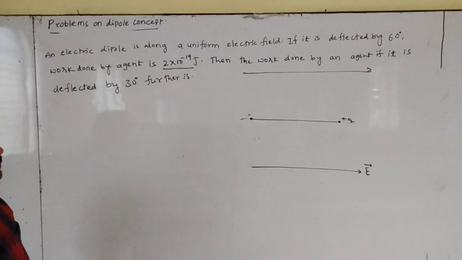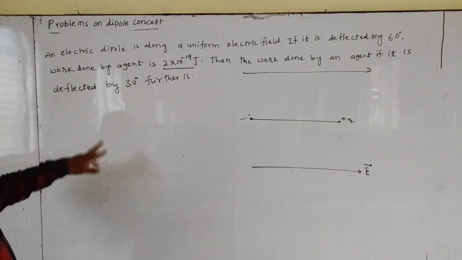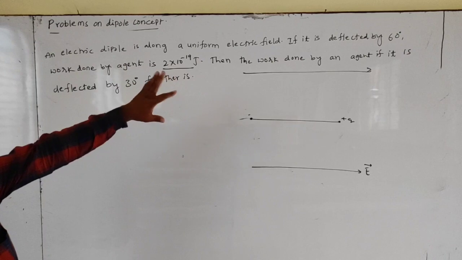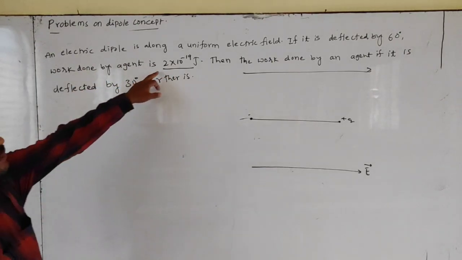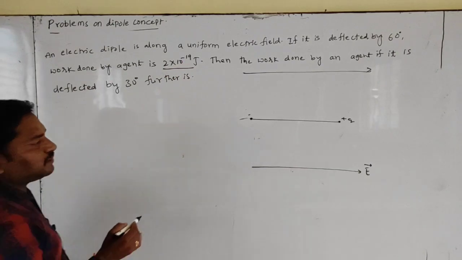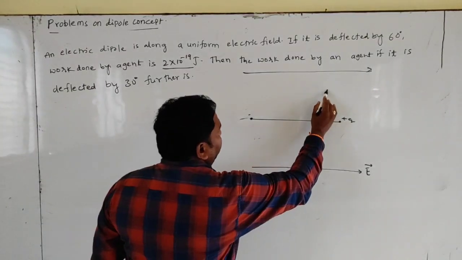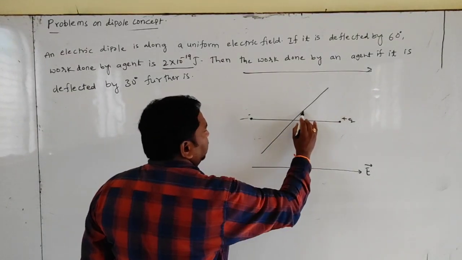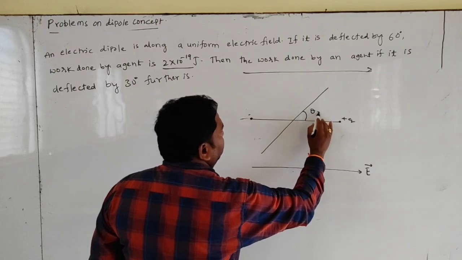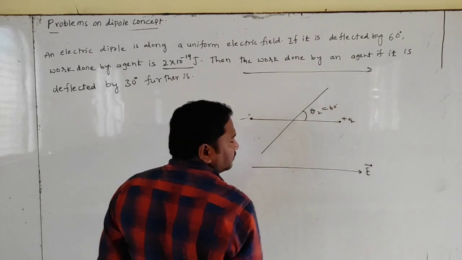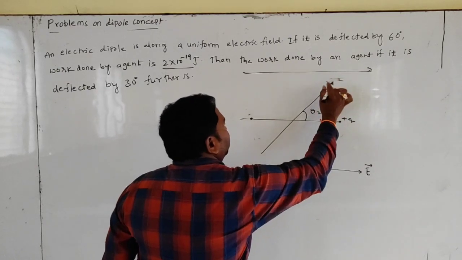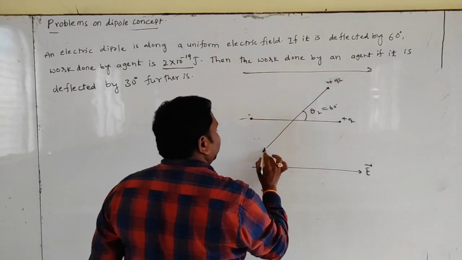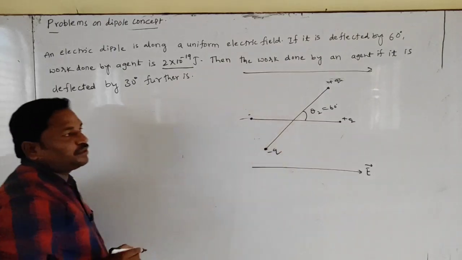So how much is the work done to deflect 60 degrees? It is 2 into 10 power minus 19. That means suppose we deflected up to theta 2 equals 60 degrees, here is the plus Q and this is the minus Q. So how much is the work done?